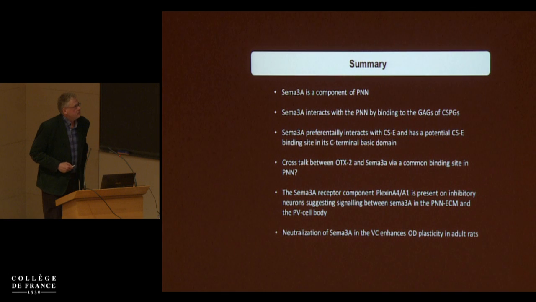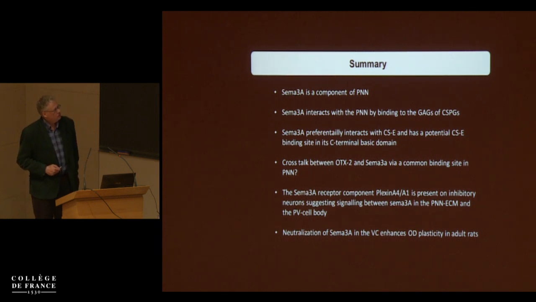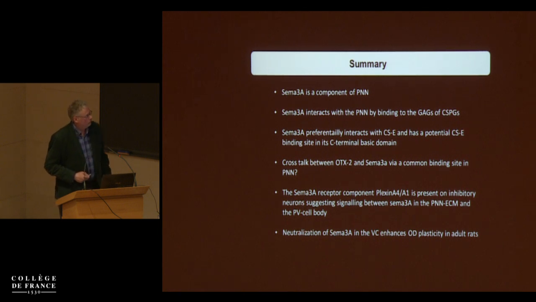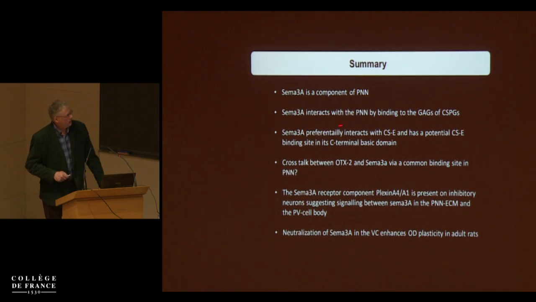So to summarize the data I showed you, SEMA3A is, I think, a component of perineuronal nets. It interacts with the PNN by binding to the GAGs in the CSPGs, and it preferentially seems to interact with CSE. There's potential crosstalk between OTX2 and SEMA3A via a common binding site in the proteins.